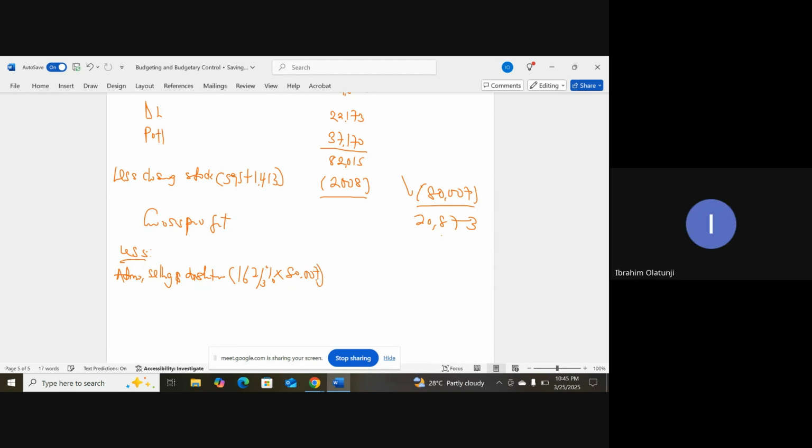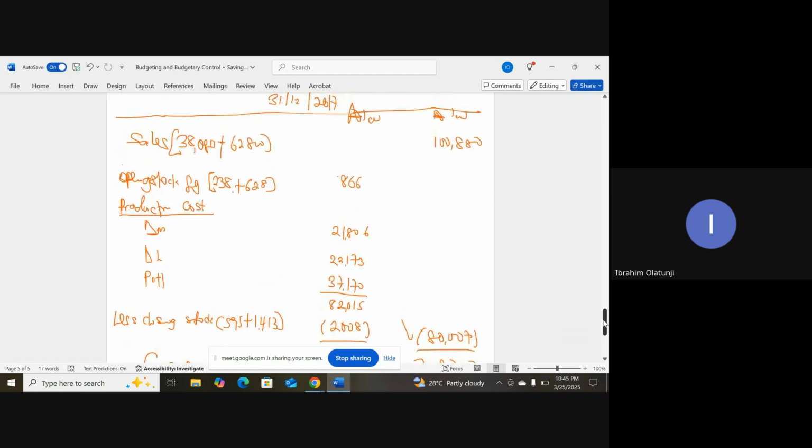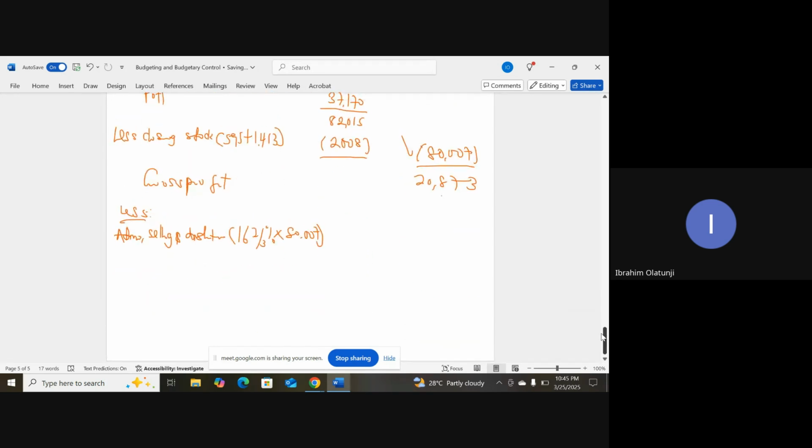Because I told you that the production cost, when you less the closing stock, the remaining is your factory cost. So what do you have? 53,338.